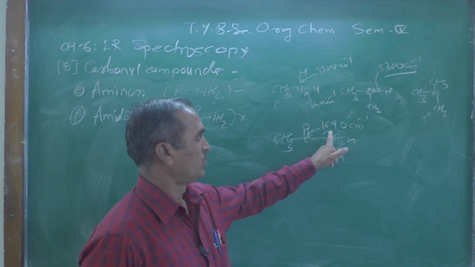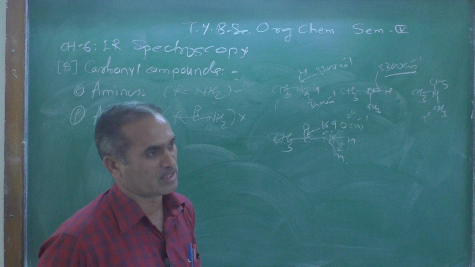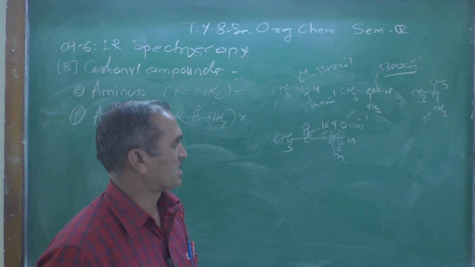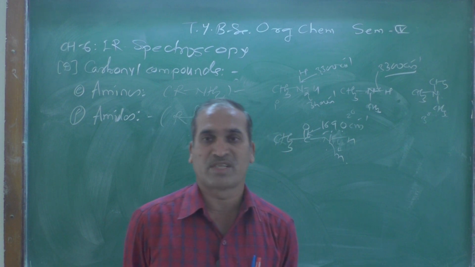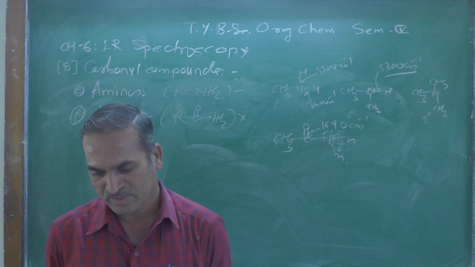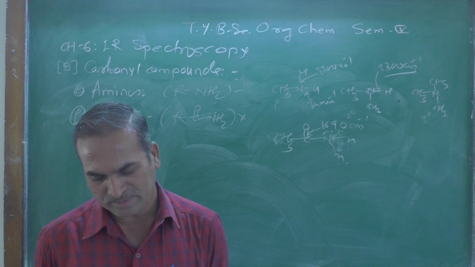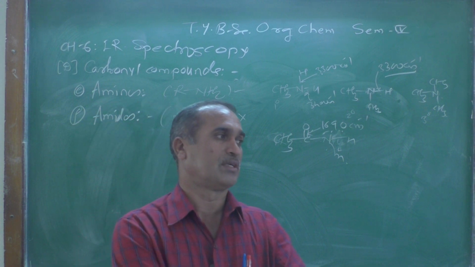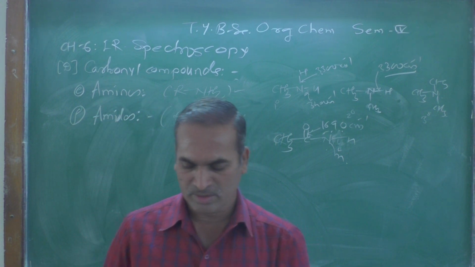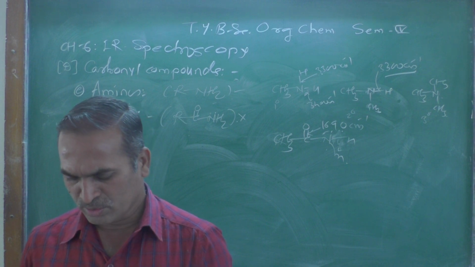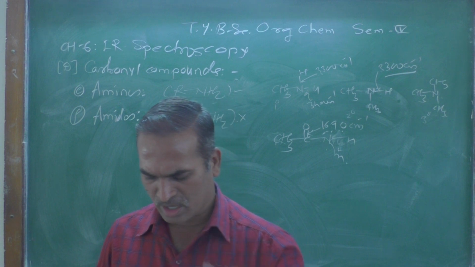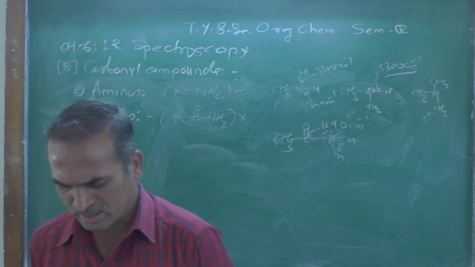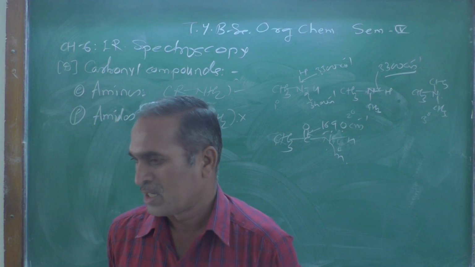Due to the resonance effect, that is the conjugation, and for that reason the carbonyl frequency goes on decreasing. So I think these are some of the functional groups which we have discussed here.